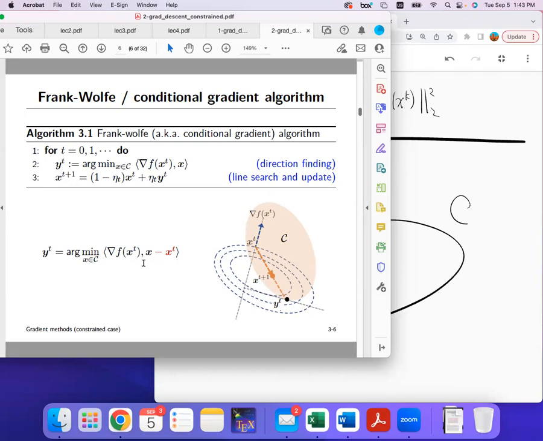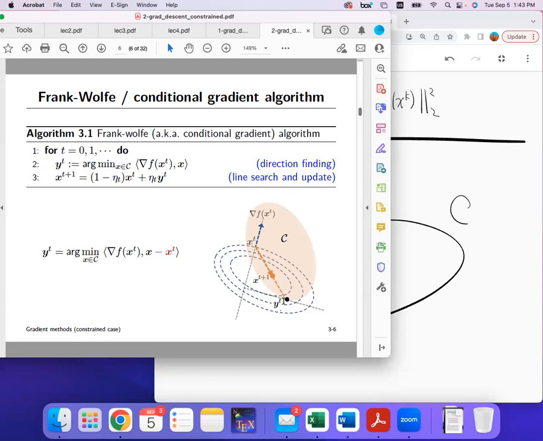From this figure, let's say this is xt, and this is the gradient direction. This is the constraint C, the shaded area. What we are doing here is looking for a direction x minus xt.